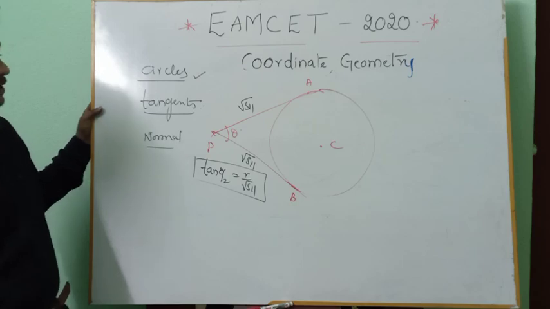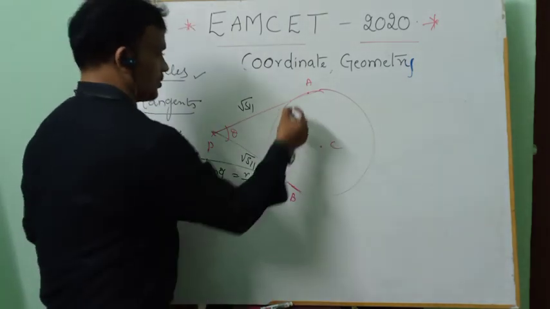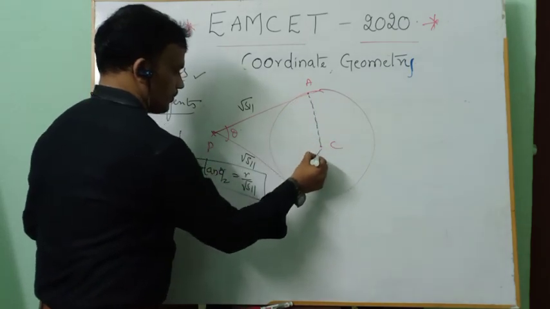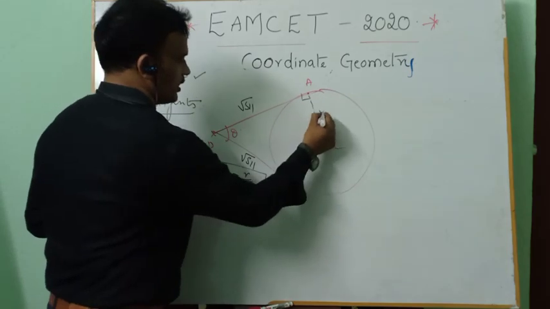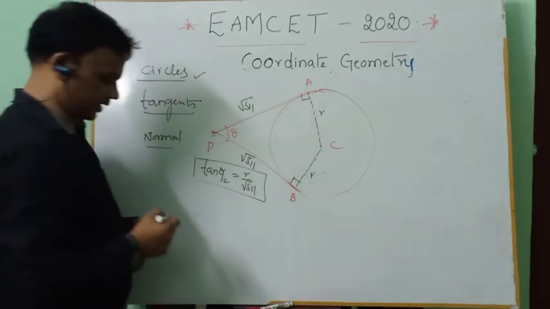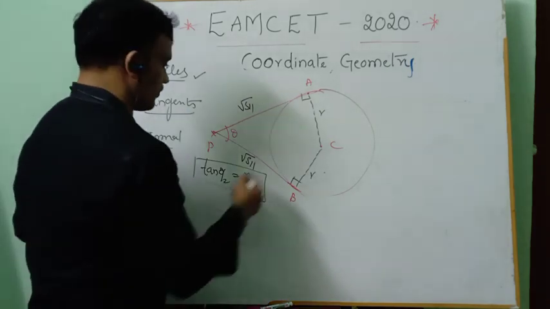Am I right or not? And here is one more important concept: the radius is perpendicular to the tangent at the point of contact.